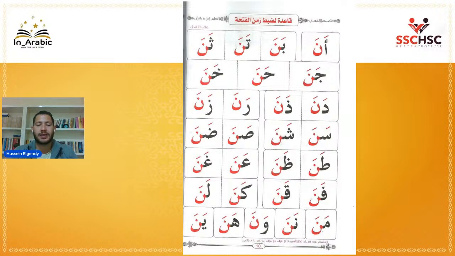We are on the third line. The last word in the third line from the left side is za na. Then the fourth line from the right side, the first word is sa na, sa na.